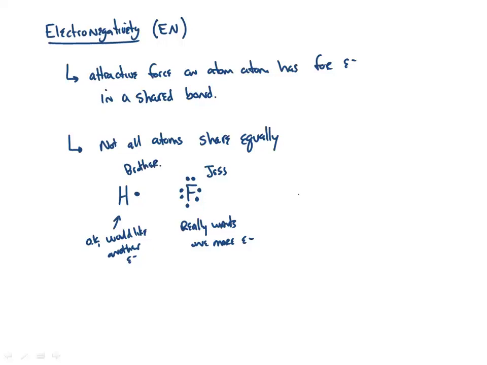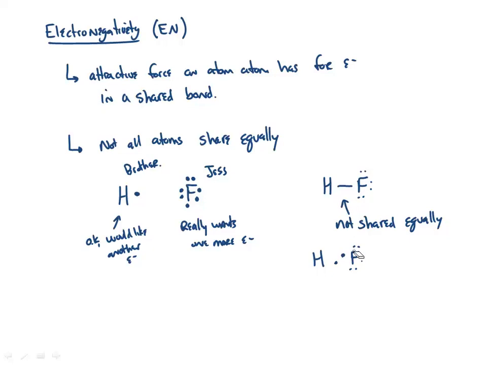And so the idea is that when they make that bond, when they share that electron, they're not shared equally. And so we might want to represent it more like this, where the bonds are closer to the fluorine. That's kind of 2 big electrons. They're closer to the fluorine than they are to the hydrogen.